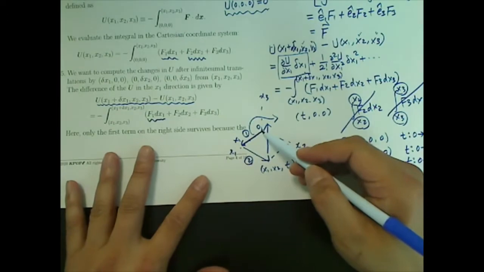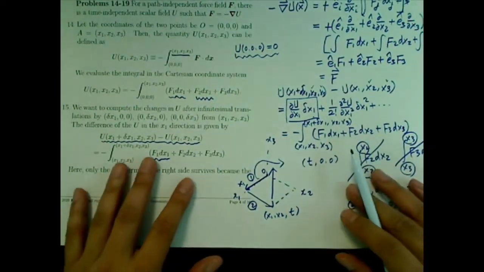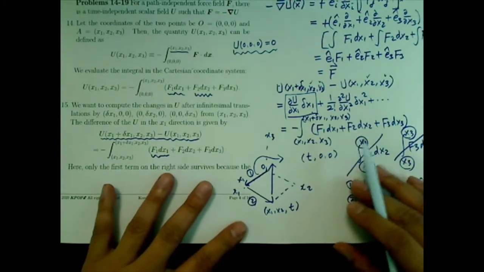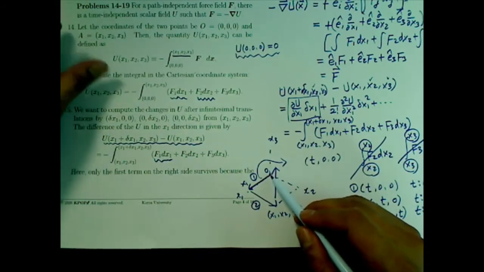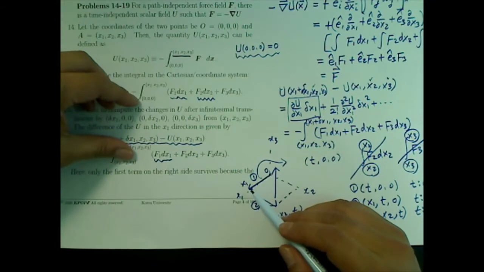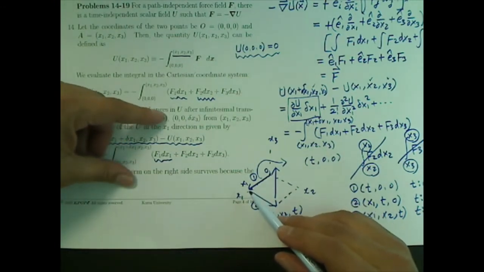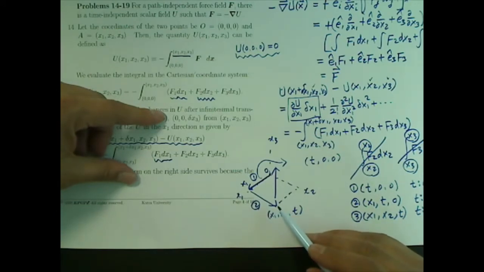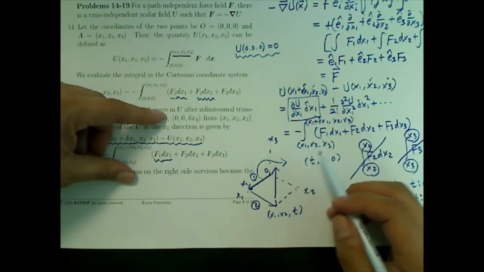So from the origin to the point which has three components, x1, x2, and x3, let me first choose the path from 0 along the x1 axis, and then change the value of x2 from 0 to x2, and change the value of x3 from 0 to x3, to find out this x1, x2, x3 value.